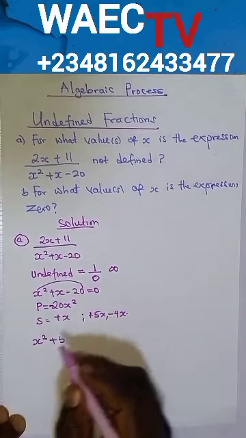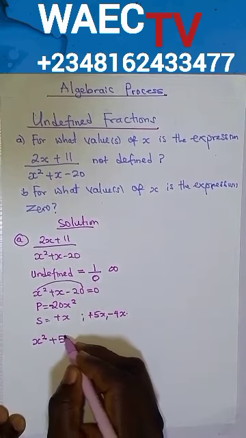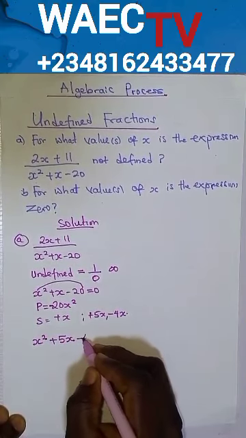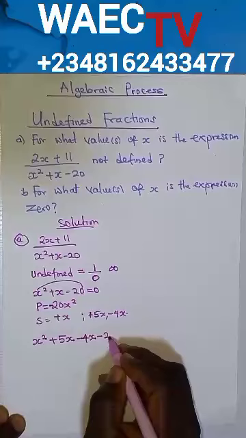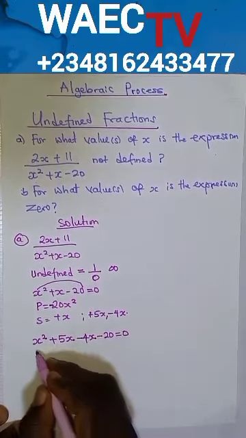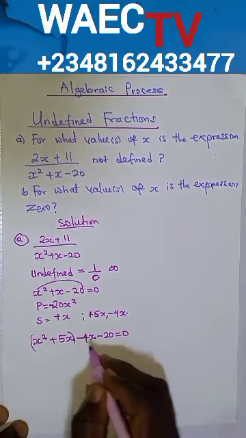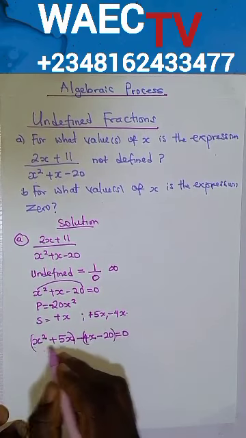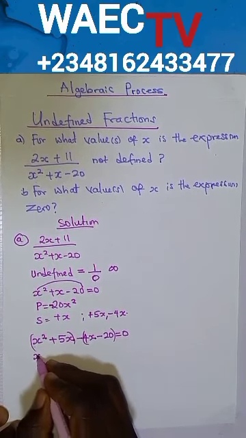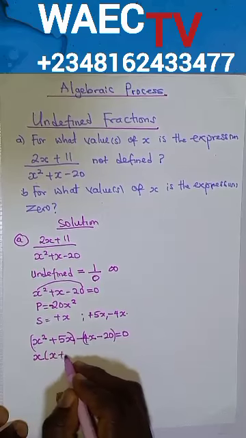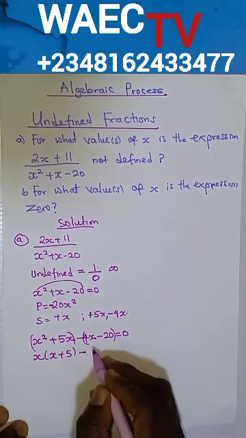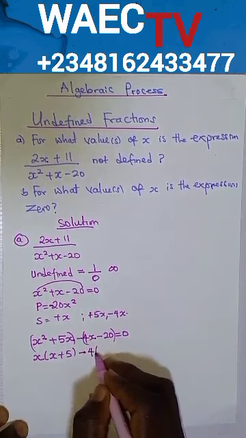Putting that into this, we have x squared plus 5x minus 4x minus 20 equals 0. So we have the first two and the last two. Looking at this bracket, we realize that x is common, giving us x plus 5 minus 4.